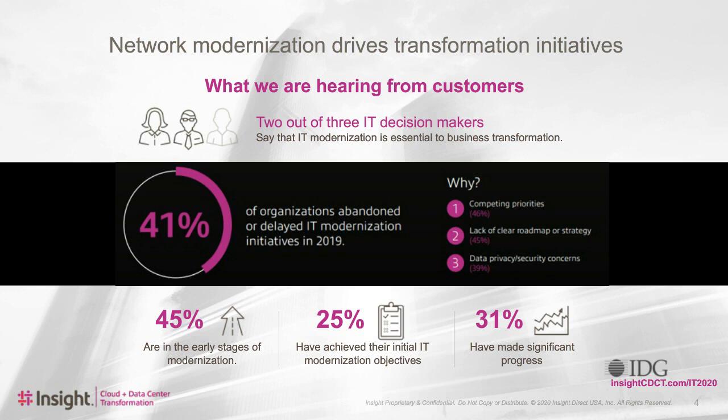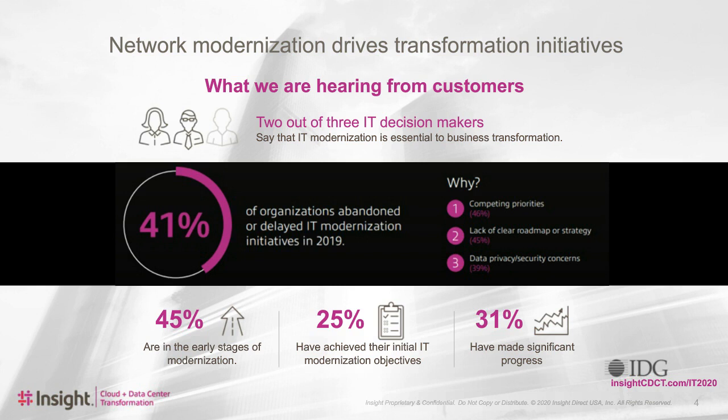A couple of the pieces of information that we derived from this report was that 41% of organizations delayed or abandoned their IT modernization initiatives in 2019. And what really stood out was the reasons why.